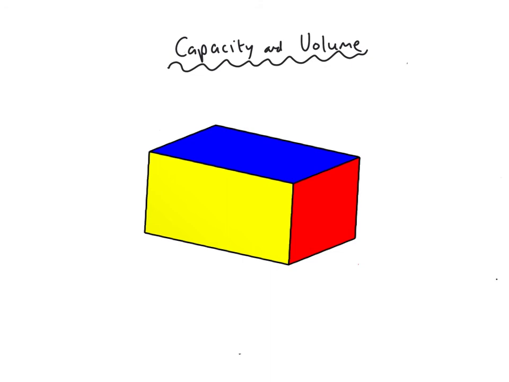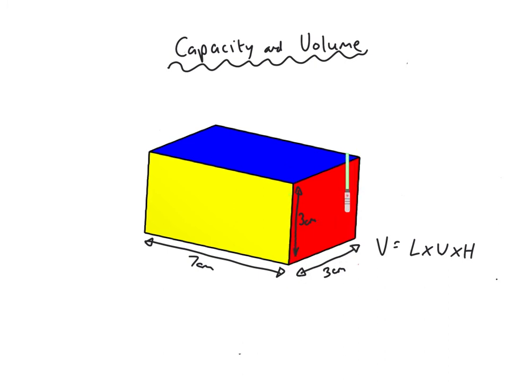Our formula also works for cuboids. So if we want to find the volume of a cuboid, again, length times width times height. Now, if measuring this cuboid, we find that the length of the cuboid is 3 centimeters, and the width of the cuboid is 7 centimeters, and the height of the cuboid is 3 centimeters, because this end square face here is a square, so all the sides are equal.